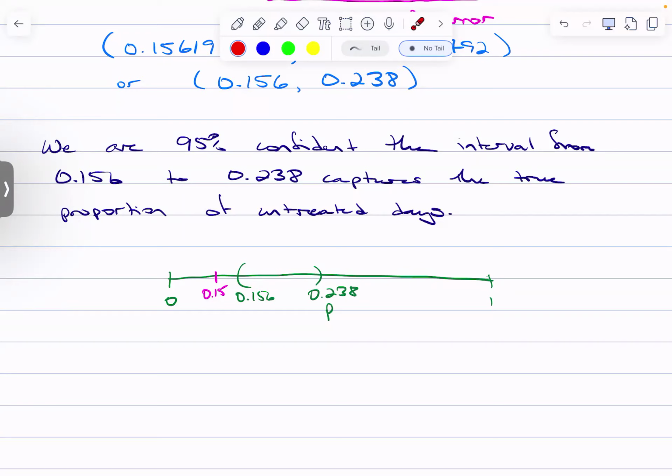But you can just build a confidence interval and see if your hypothesized value is in this interval or not, and you would reach the same conclusion. I'm 95% confident that 0.15 is not one of the population proportions. And so we can use this confidence interval to do a hypothesis test.